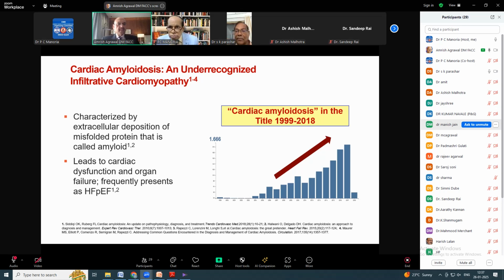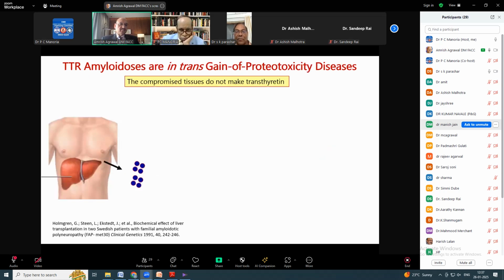Amyloidosis is caused by extracellular deposition of a misfolded protein called amyloid, and we can understand how this misfolded protein occurs from this diagram. This misfolded protein is nothing but the product of the TTR protein, and TTR protein, we know, is a carrier protein for thyroxine in the blood. This protein is made in the liver, and it circulates as a tetramer, so there are 4 subunits attached as a single molecule.